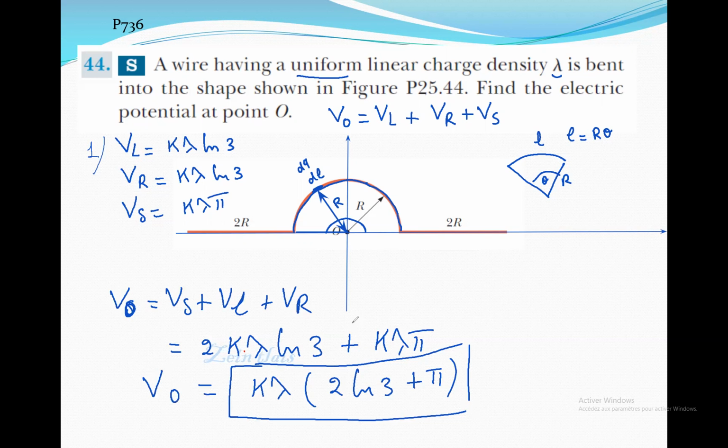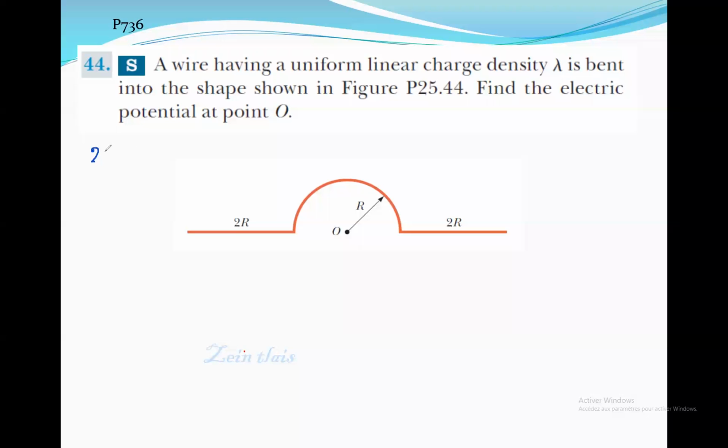We can do the same calculation if we put the y-axis at the edge of the wire at this point. Okay, so the second method, if someone wants to solve the same problem but puts the x-axis and y-axis at the origin or at the edge like this.